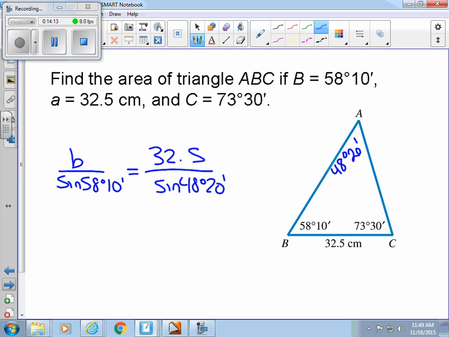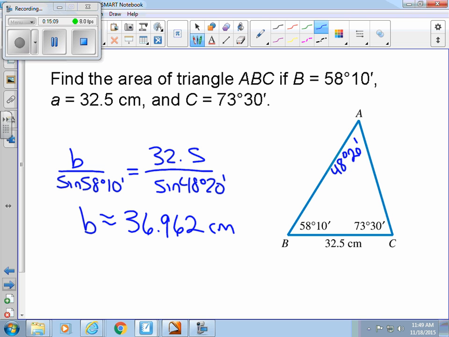Multiply by the sine of 58 degrees 10 minutes. What do I get for side B? 36.962.